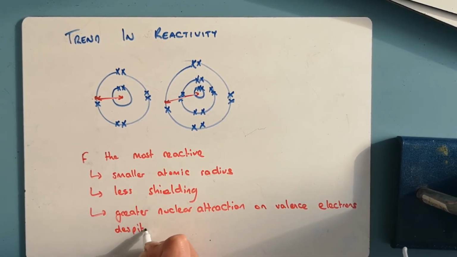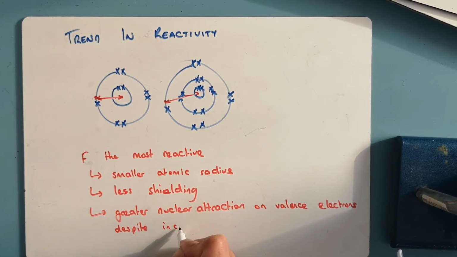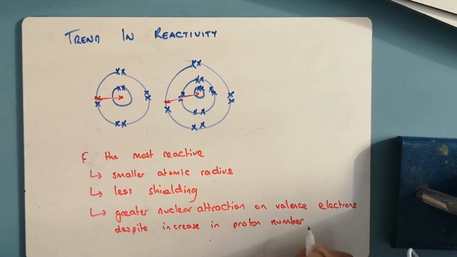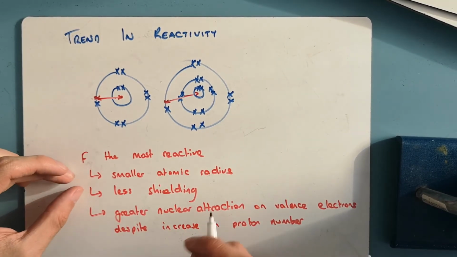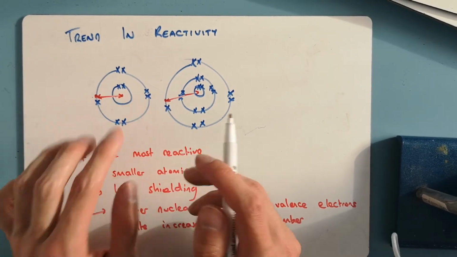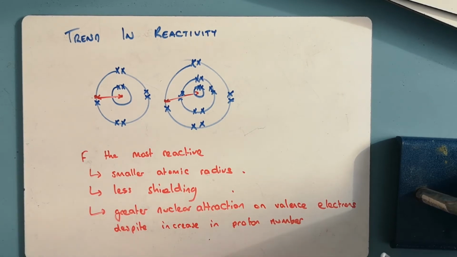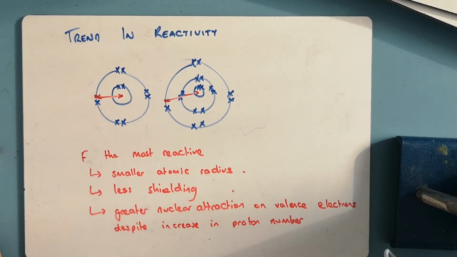Despite the increase in proton number, this is overridden by the fact that there's smaller atomic radius and less shielding. So the fact that this has got 17 protons at the centre, this has only got 9, doesn't matter because these have much bigger effects on the ability to attract an electron into that orbital.